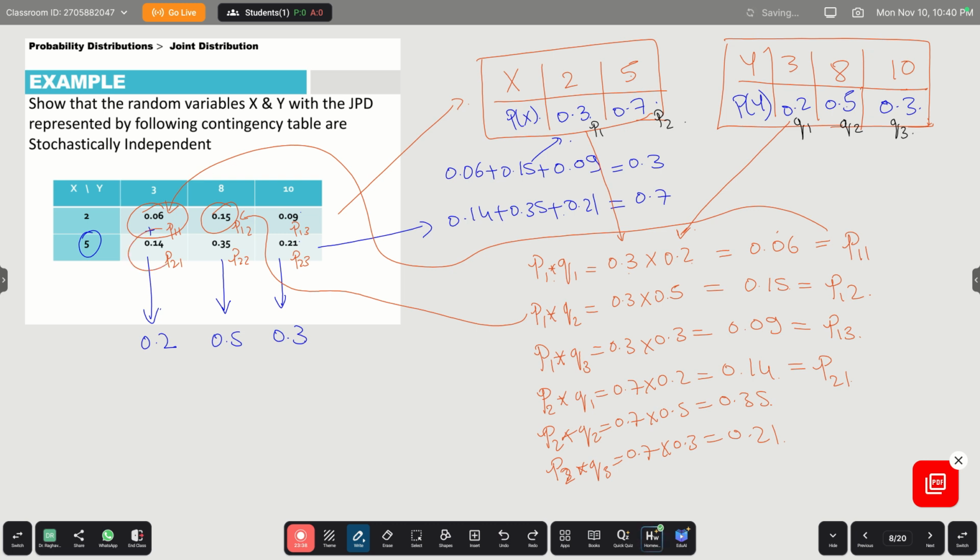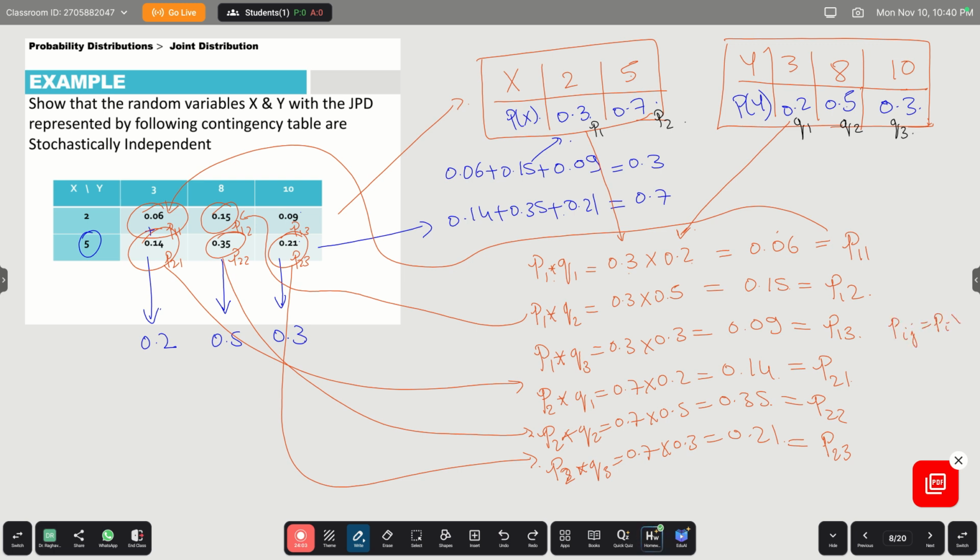Yes, P21 is 0.14. That we can check in the table. Similarly, 0.35 is P22, and P23 is 0.21. So Pij is the same as Pi multiplied by Qj for all the values of i and j. Hence, we can conclude that X and Y are stochastically independent.